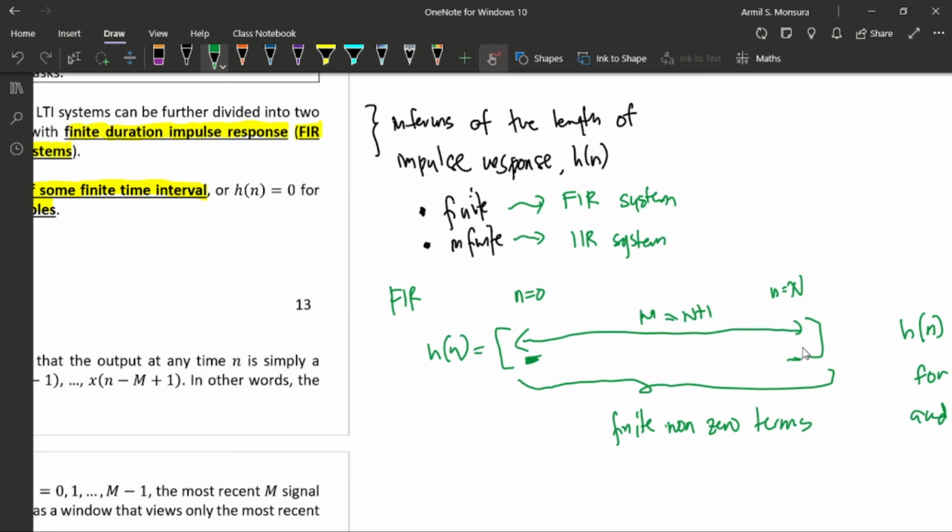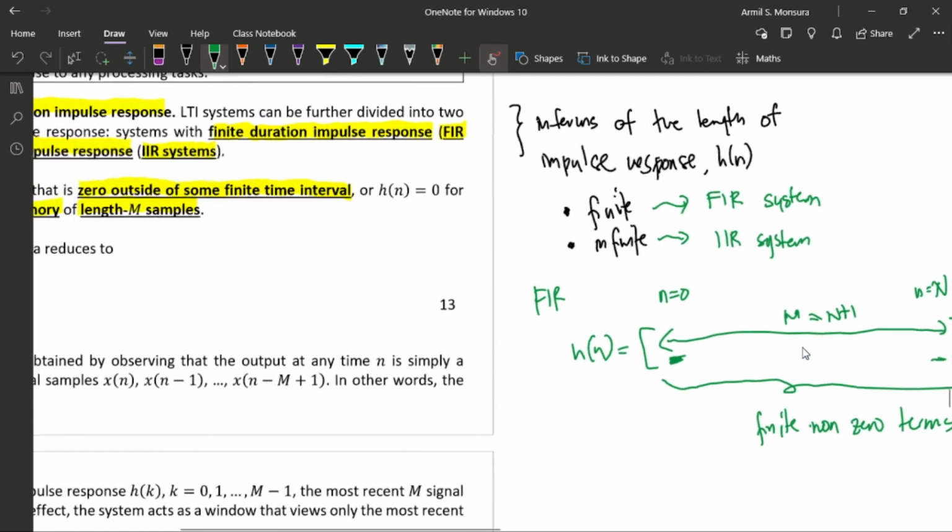Now, since your h of n has now a finite number of terms, the system also has a finite amount of memory. Because it only needs to store a finite amount of terms para ma-save niya yung values ng h of n natin.